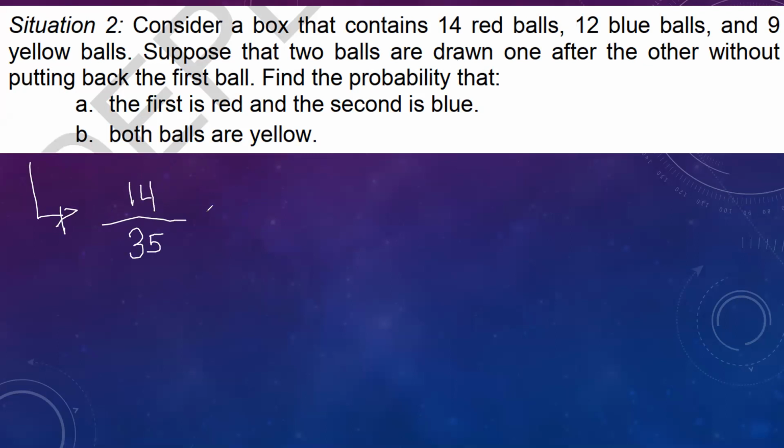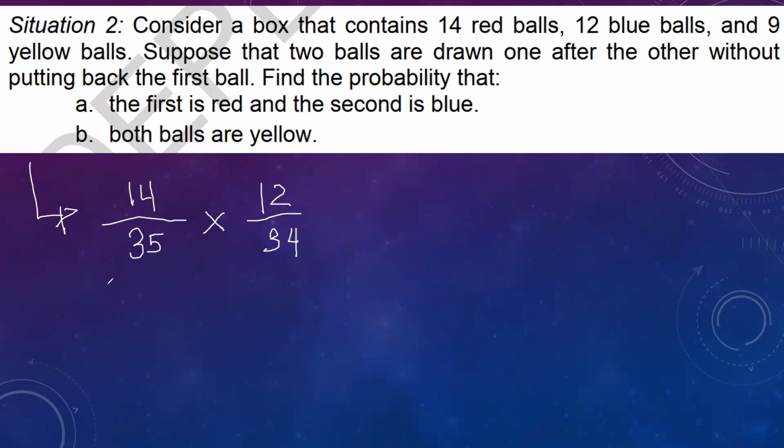That's correct. Times, ilan na ngayon ang nasa loob? 34. 34 na lang, hindi na 35, kasi bawas na. And out of those 34, ilan doon ang blue? 12. So yan po ang ating lowest term.